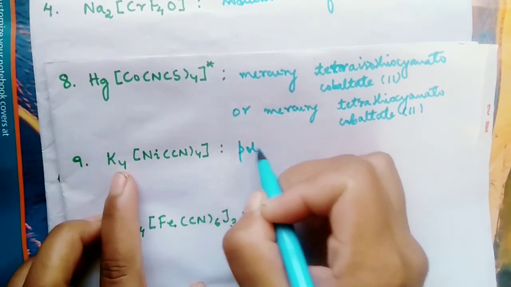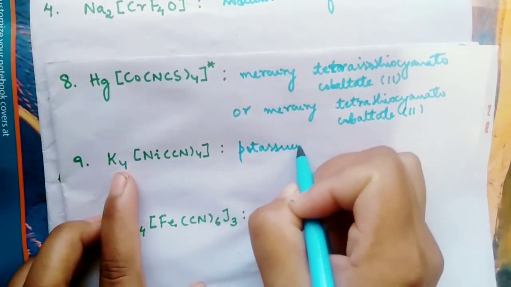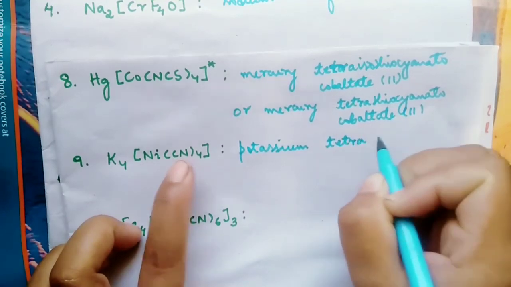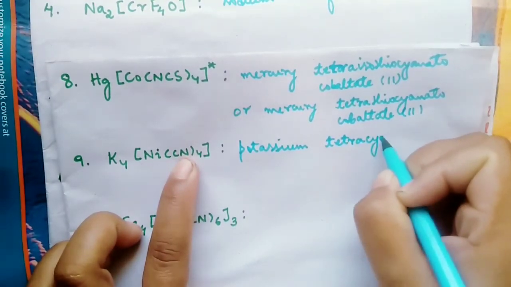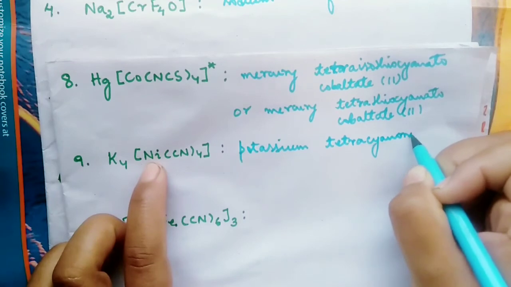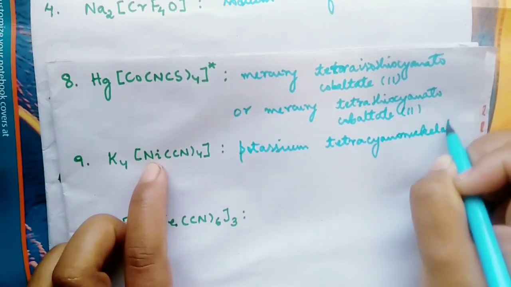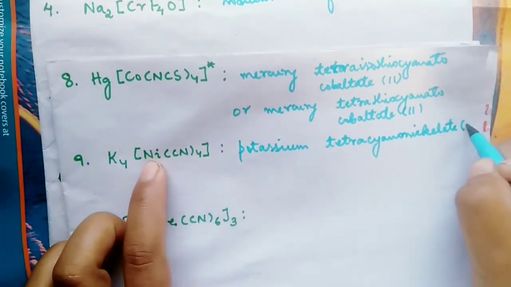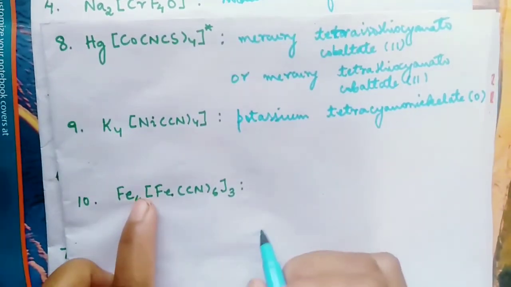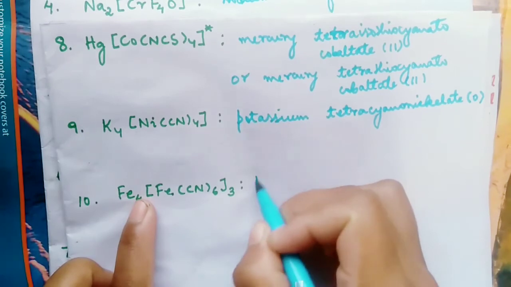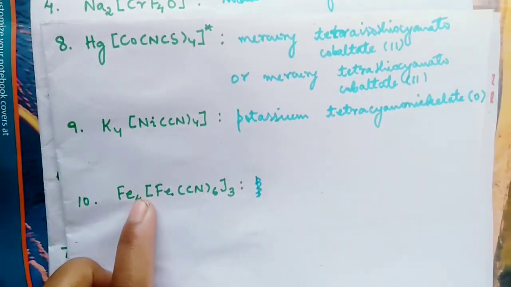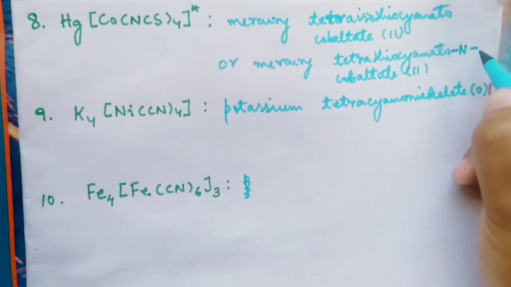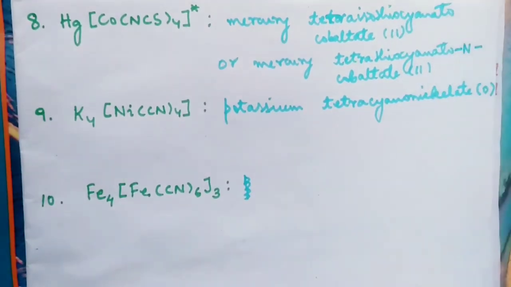This one, potassium, leave some space, and then tetra. What is the name of this one? Cyanonickelate. Oxidation state is 0. And we come to the last one. Sorry, here there should be N in this way, followed by cobaltate.